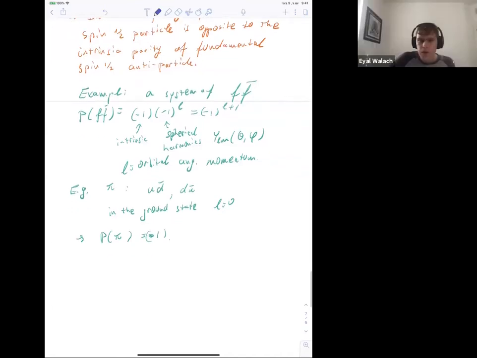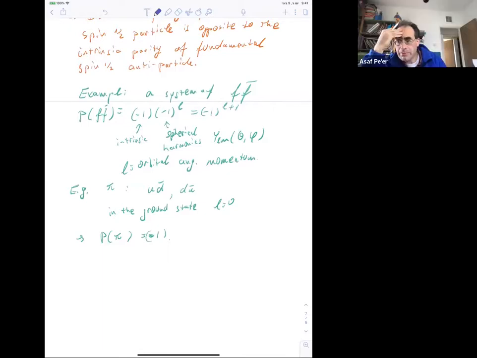You talk here about the system of fermion and anti-fermion. And you mean it does not have to be the same fermion, right? So it's one fermion, one anti-fermion, but not specifically the same fermion. Yeah, pions are a bound state of a fermion and anti-fermion.